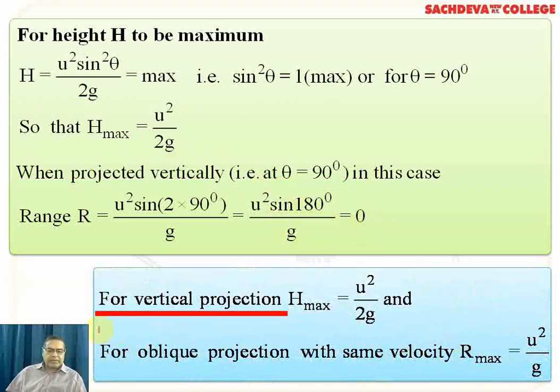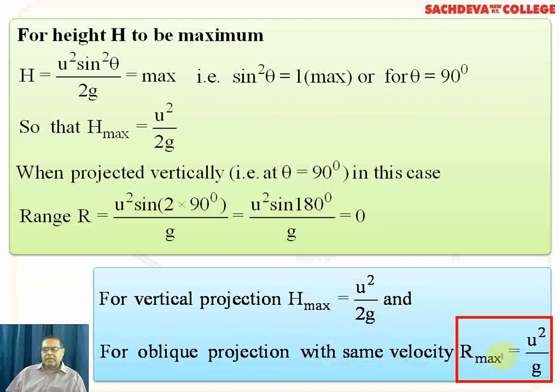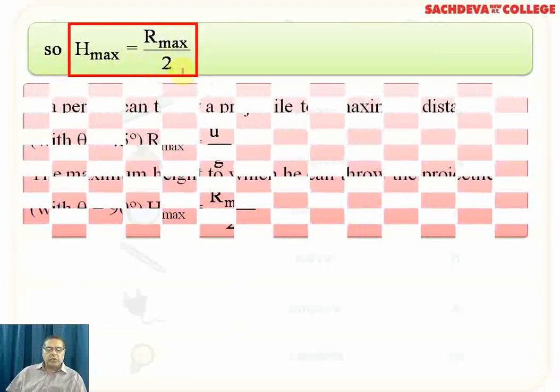For the vertical projection, that is maximum height, it is u square over 2g. And for oblique projection with the same velocity, R maximum is u square over g. That is, we are finding it is half of this value. H maximum is R maximum over 2.